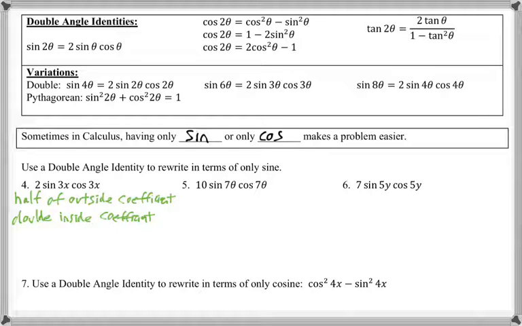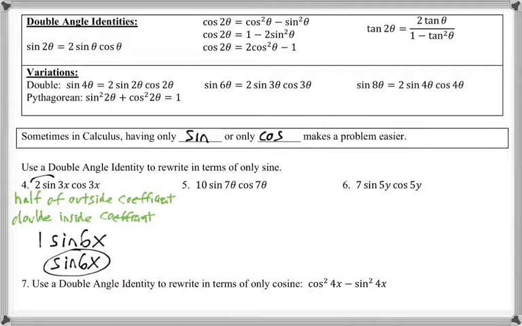So this would be 1 sine of 6x. So take half of this and double of these. But we don't really need to put the 1, it's just sine of 6x.